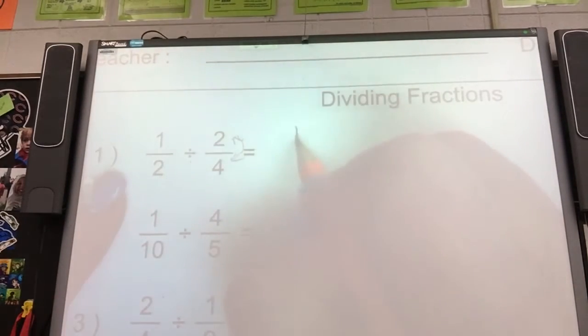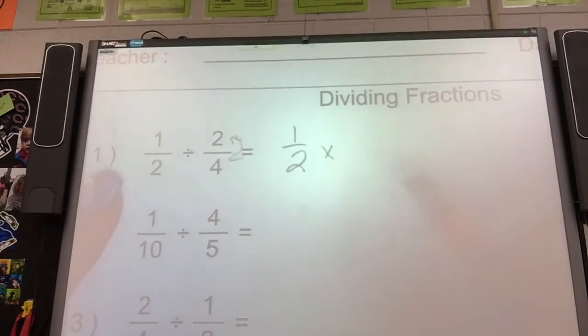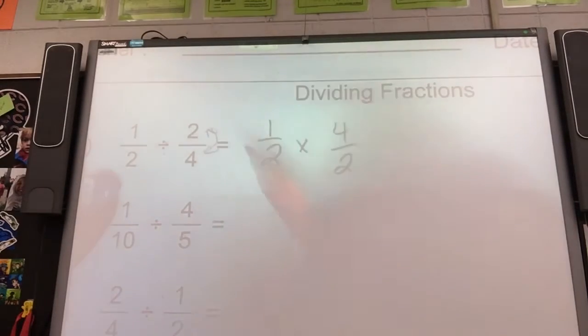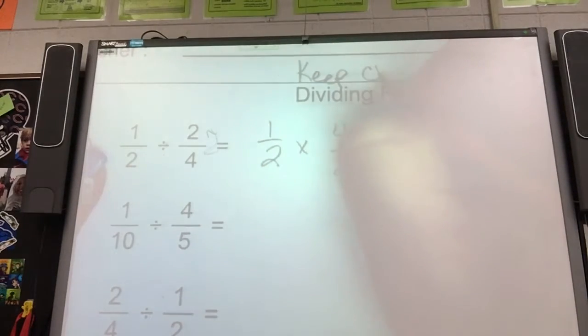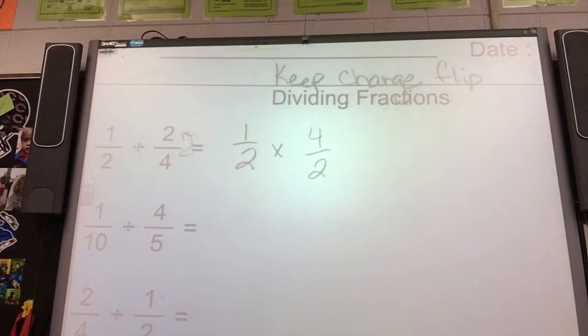So I'm going to rewrite this as 1/2, keep it, change the sign, change to multiply, and flip, or write the reciprocal of the second fraction, 4/2. Okay? So, keep, change, flip.